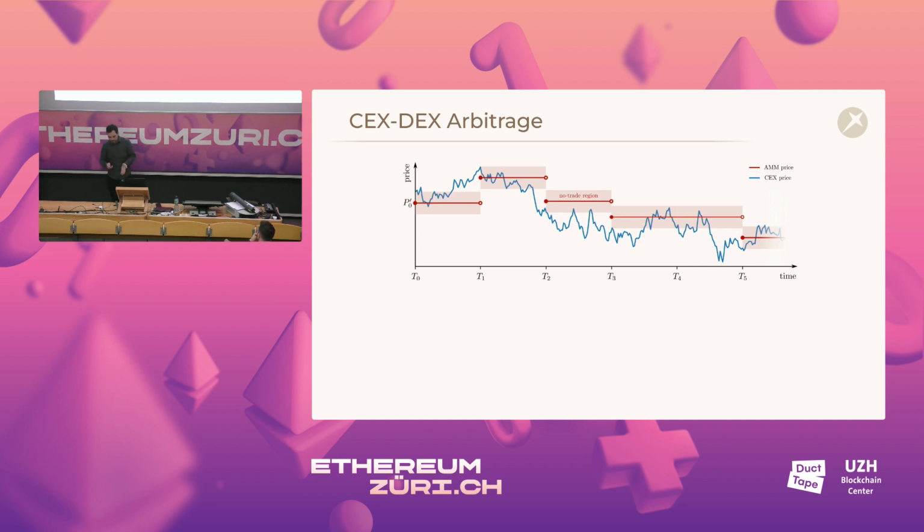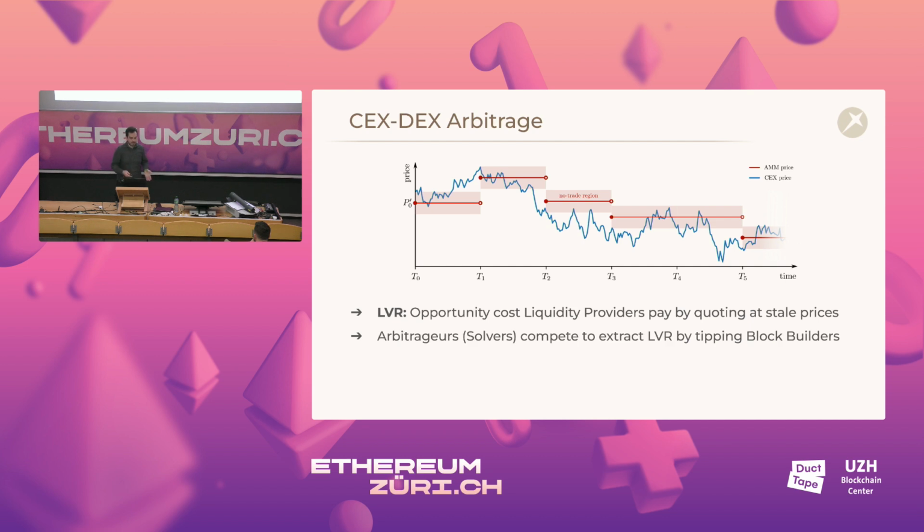And this is well studied, so we know that there is a metric to actually measure this difference, which is called loss versus rebalancing, or LVR, which you can assume as the opportunity cost for liquidity providers that pay by quoting at stale prices. So we know that arbitrageurs or solvers are competing against each other to extract this LVR value, this difference in price.